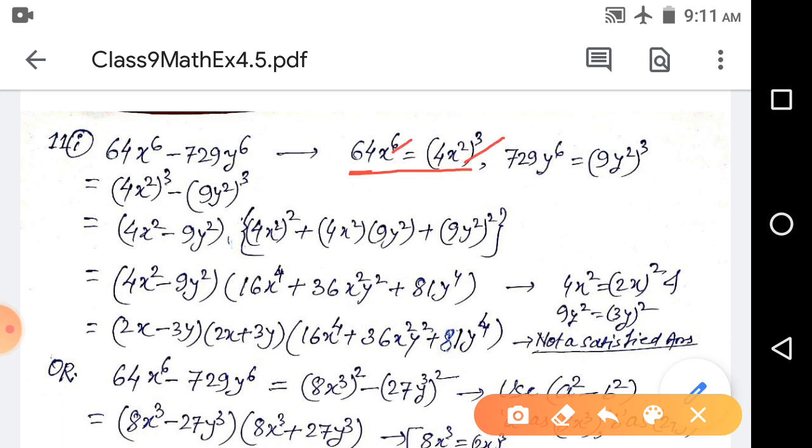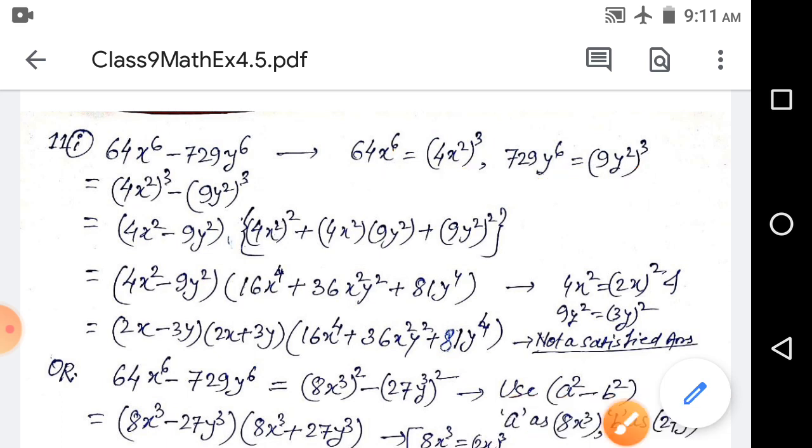So this is a perfect cube. And 729 is a cube of 9, so 729 y to the power 6 is 9y square whole cube, because y square whole cube becomes y to the power 6 again.